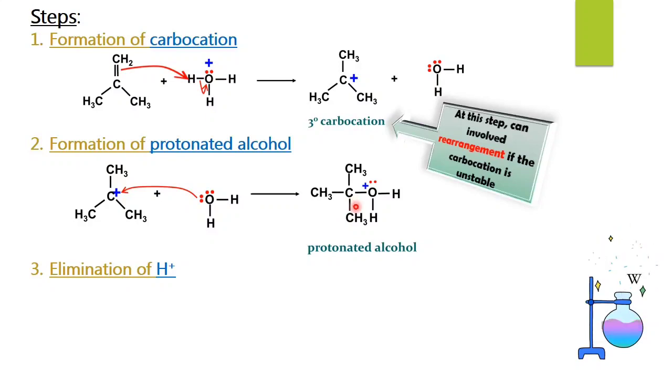So this we call protonated alcohol. So how do we make it just alcohol, not protonated alcohol? We need to remove one of the hydrogens at the oxygen here. We have to remove one of these hydrogens.